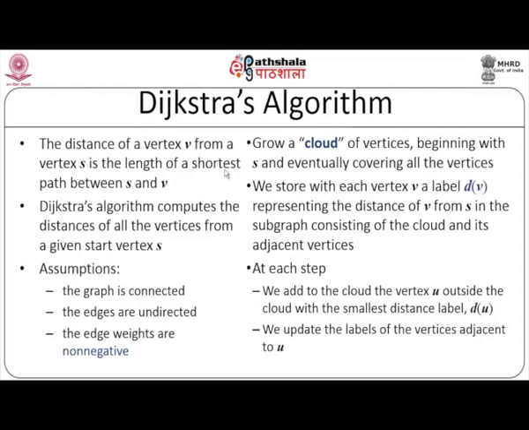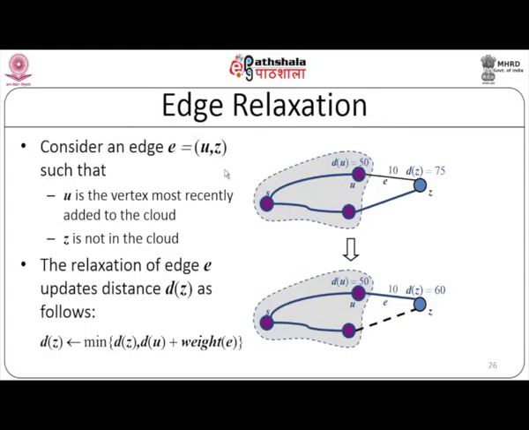At each step, we add to the cloud the vertex U outside the cloud with the smallest distance label. We update the labels of the vertices adjacent to that U that you have now added to the cloud. So, this is edge relaxation. Now, consider an edge e, which is UZ, an edge connecting U and Z. U is the vertex most recently added to the cloud. Now, Z is not in the cloud.